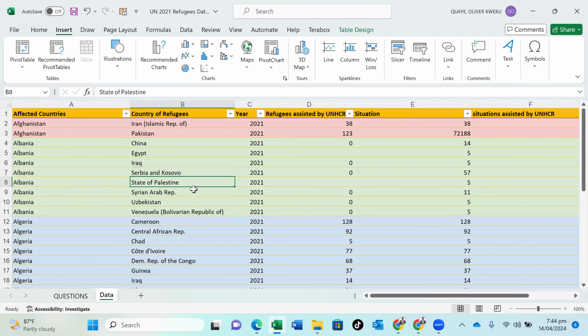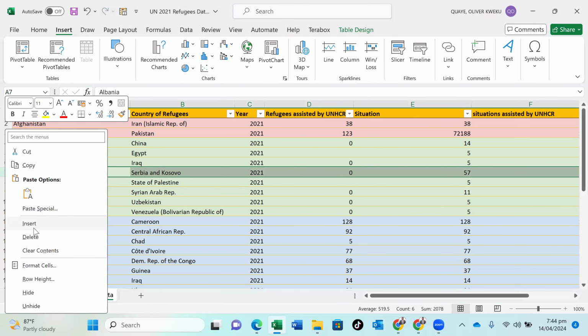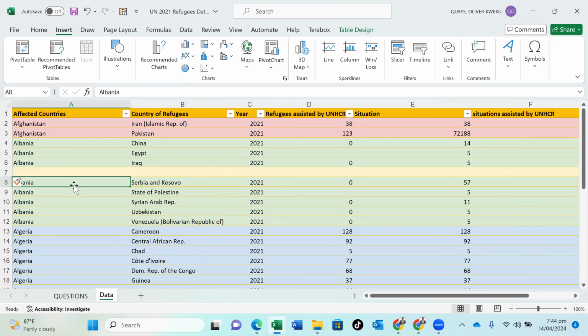But if somebody asks, okay, why Serbia and Kosovo? Now, if we intend to add another cell right over here, now we have two countries here. So we are putting Albania again over here. So please, let's be careful about the data cleaning and data understanding process, right?